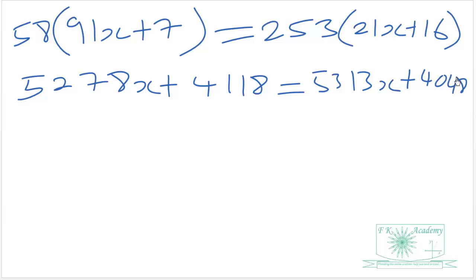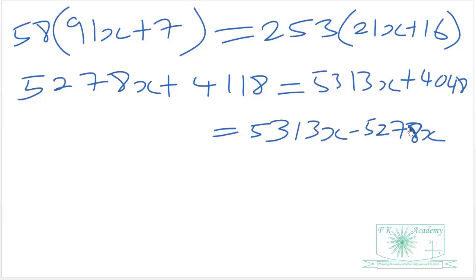So we group the like terms. We have 5313x minus 5278x is equal to 4118 minus 4048.